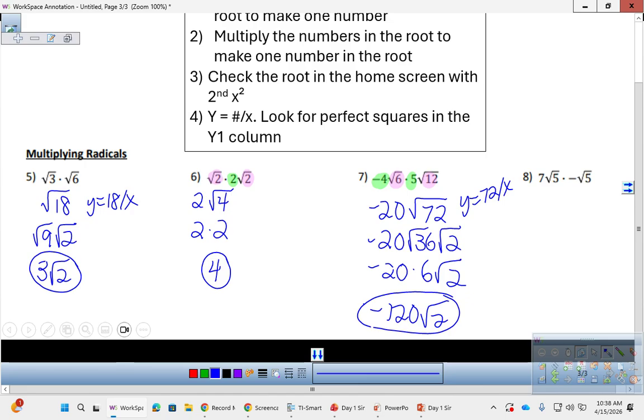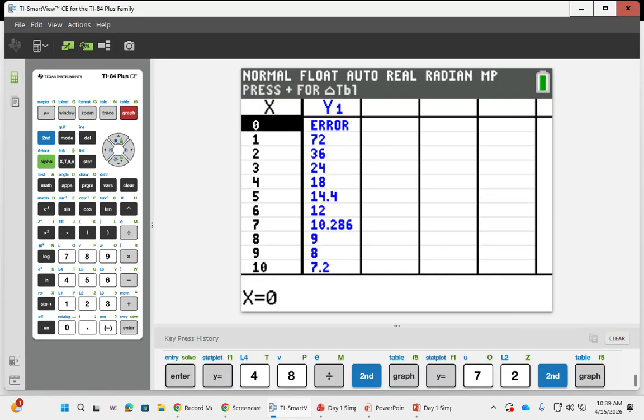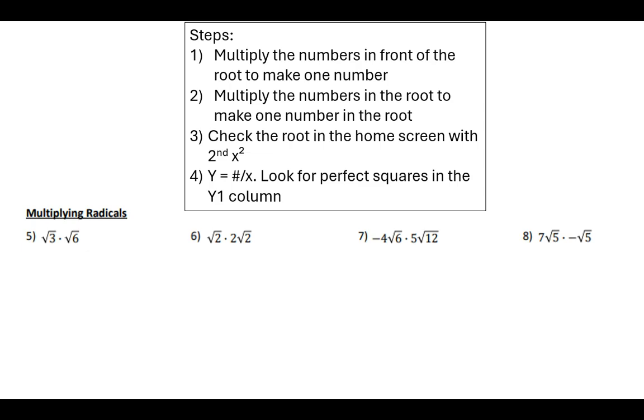So it's root times root for that last one. So the 5 times the 5, and then there is technically a coefficient in the front.